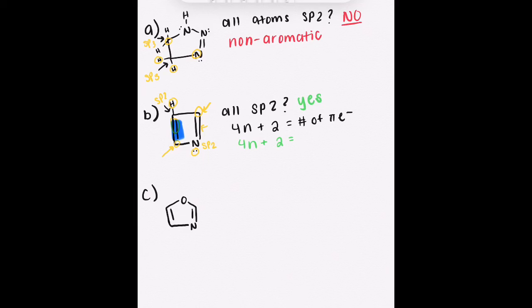There's a double bond that has 2 pi electrons and another double bond that has 2 pi electrons. So 4n plus 2 equals 4. 4n equals 2 and n equals 0.5. Therefore, n does not equal an integer, and rule 2 is not satisfied.